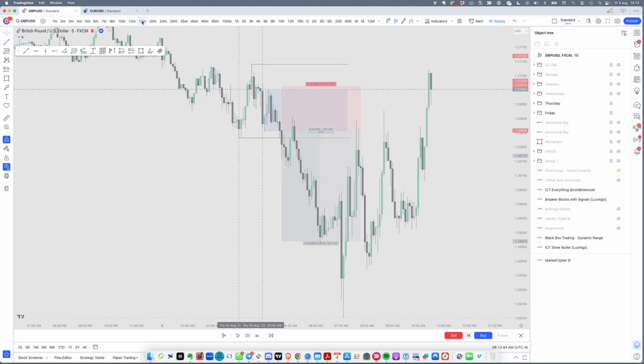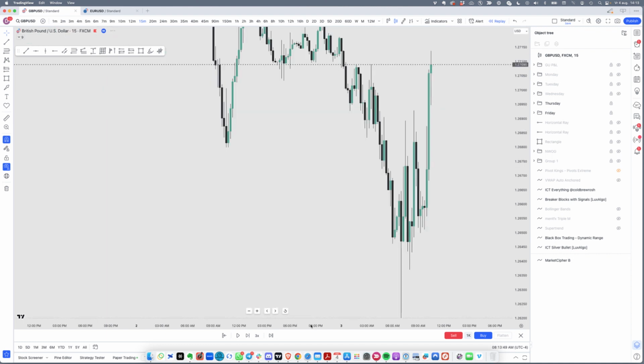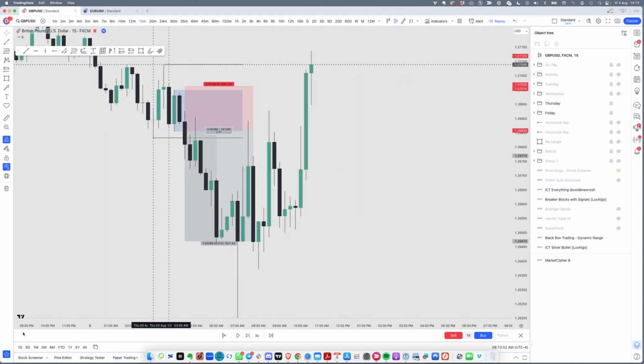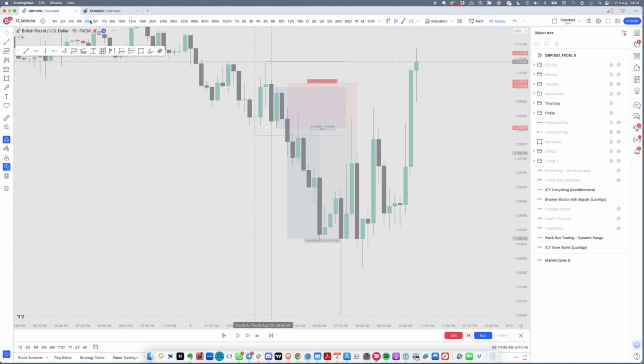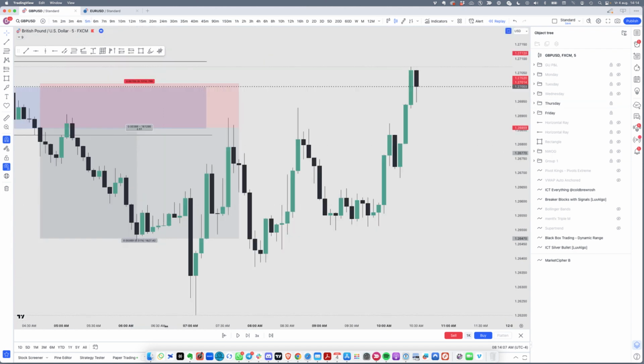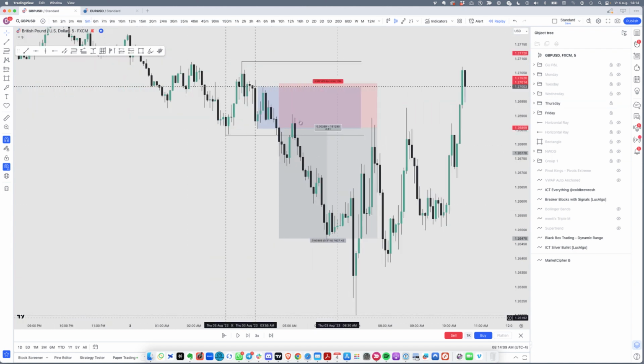And if I go to the 15-minute, you see there was just a 15-minute order block. I just placed the trade on that order block, stop above, and also on the 5-minute there wasn't much there to look for. So just use the order block.